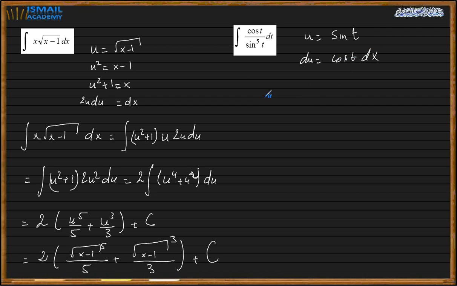Now I substitute my information: cosine dt is du and sine is u, so u to the 5. Now I just integrate u to the minus 5 du, which is minus 1 over 4 u to the minus 4 plus c. Substitute u by its value, which is minus 1 over 4 sine to the fourth.